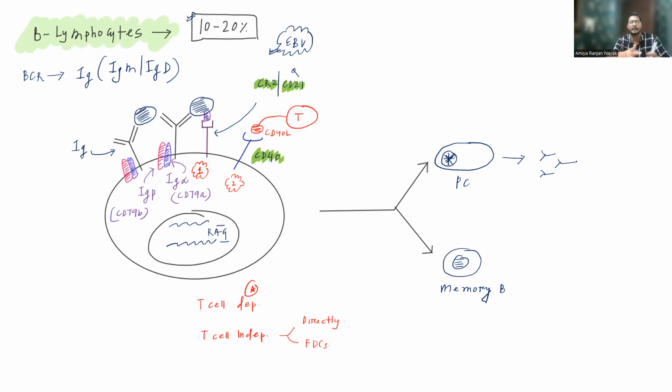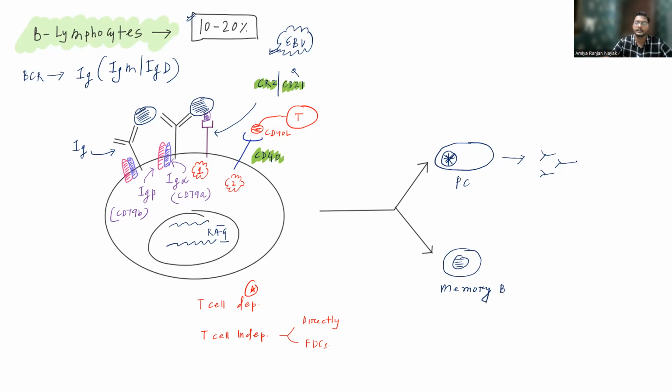Of course, there will be multiple intermediate steps, like we discussed when I covered B cell activation in the lymph nodes. Whenever the B cells are activated, they are converted to centroblasts, then centrocytes, then there is some kind of selection process, and ultimately they produce the plasma cells and the memory cells. The plasma cells will produce the antibodies which will act against the antigen that primarily activated the B lymphocyte.